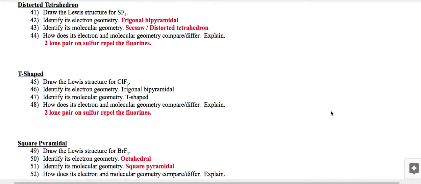The distorted tetrahedron looks like this. And that extra electron pair forces it to be kind of a weird seesaw shape. Chlorine trifluoride is our T-shaped.